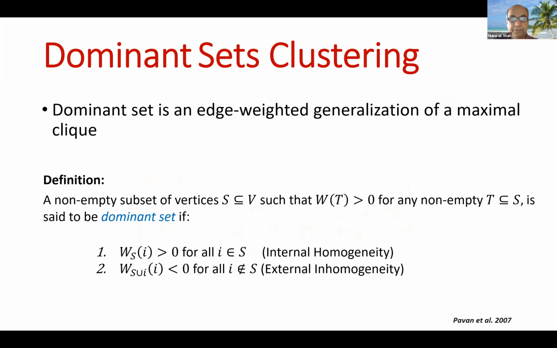The idea is that if you are given a graph S, V, we want to come up with a subset S for which these weights are positive, and all the elements in S have positive score, and the other elements have negative score. So this is a constraint for internal homogeneity, and this is for external homogeneity.